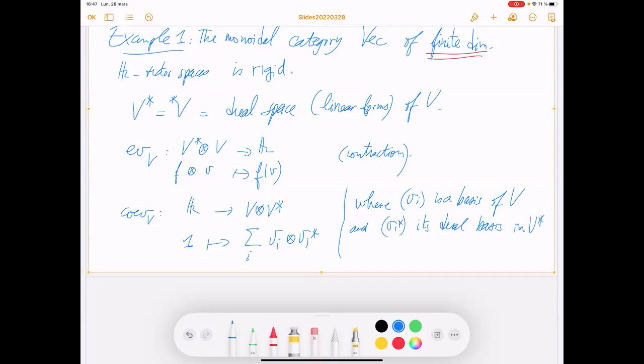This is a very usual notion in linear algebra. Recall that this sum is independent of the choice of the basis.